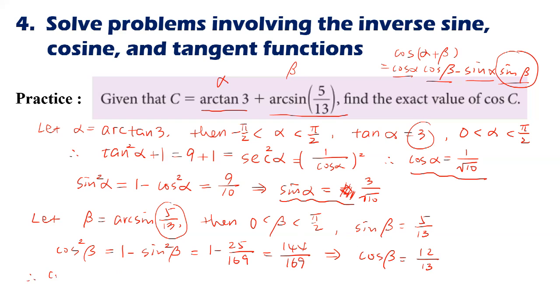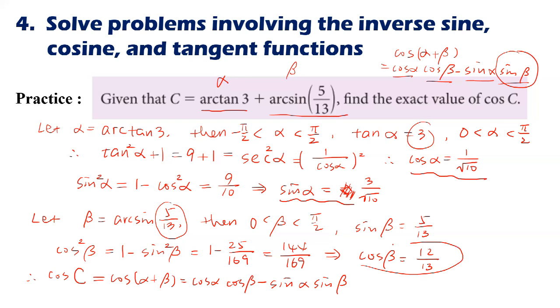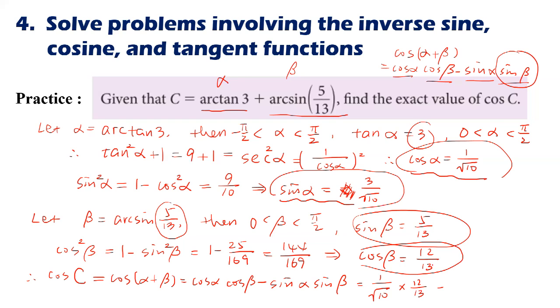Okay, so now we can calculate cosine of C, which is cosine of alpha plus beta, which is cosine alpha cosine beta minus sine alpha sine beta. And then we can just put all these values in. Cosine alpha is 1 over square root of 10 times cosine beta, which is 12/13, minus sine alpha, which is 3 over square root of 10, times sine beta, which is 5 over 13.